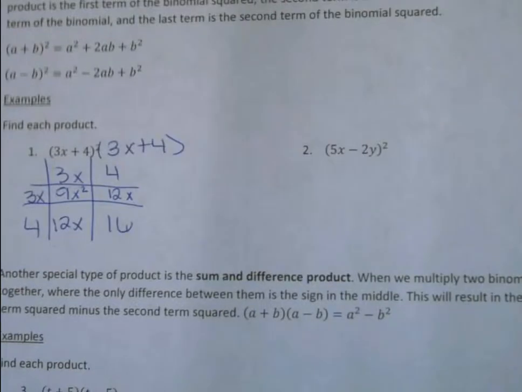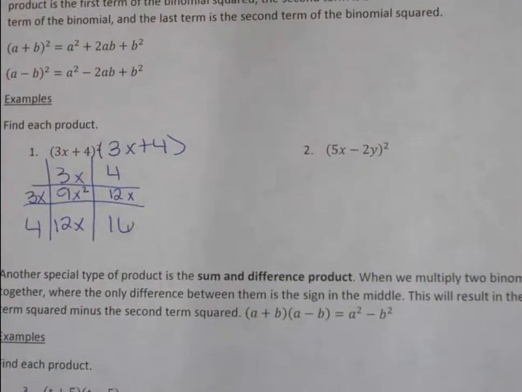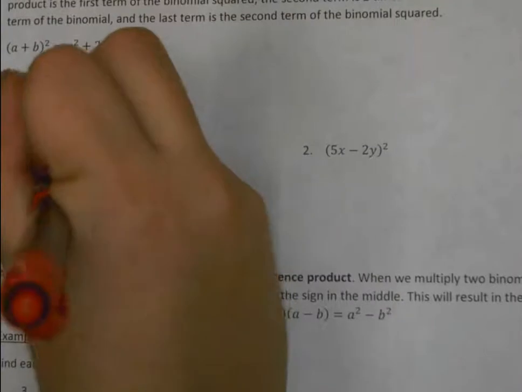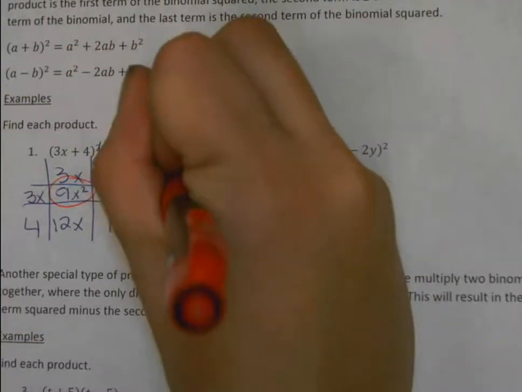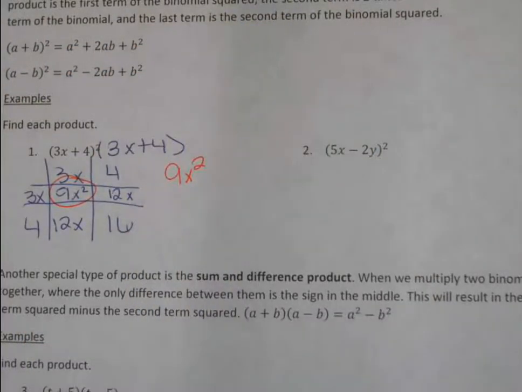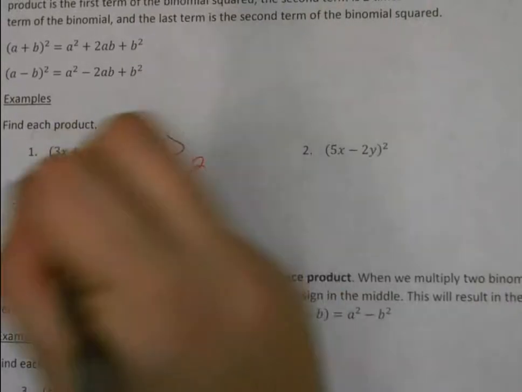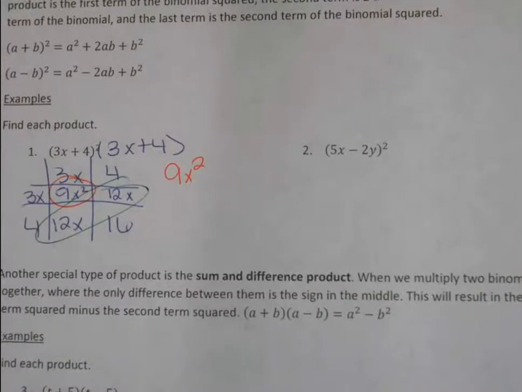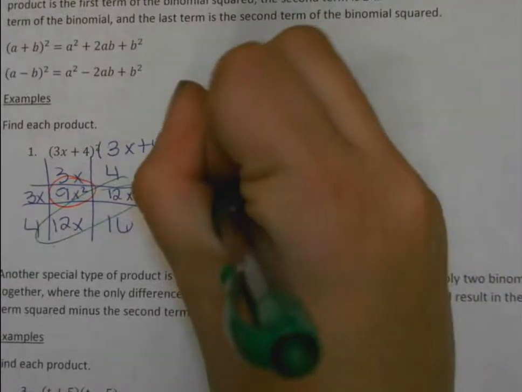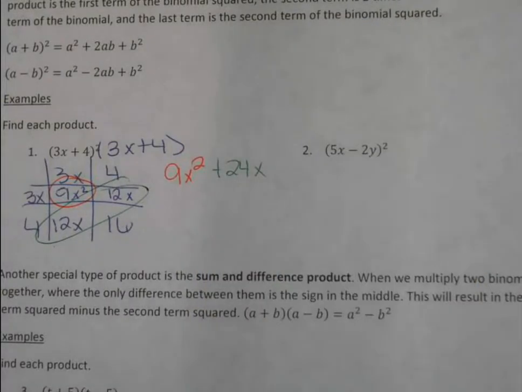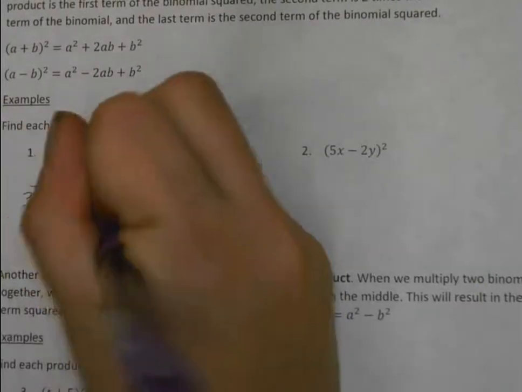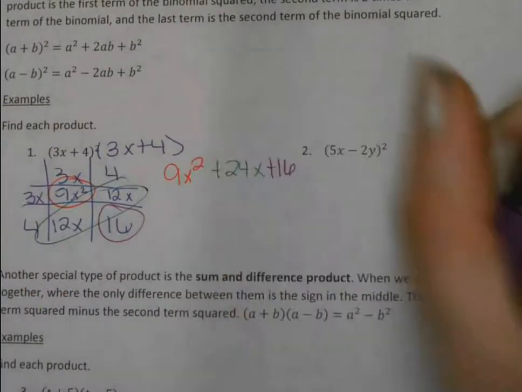Okay, so what do I want to do next? Combine like terms. So I have this 9x squared, then I have the two 12x's, 24x, and then the 16 at the end.